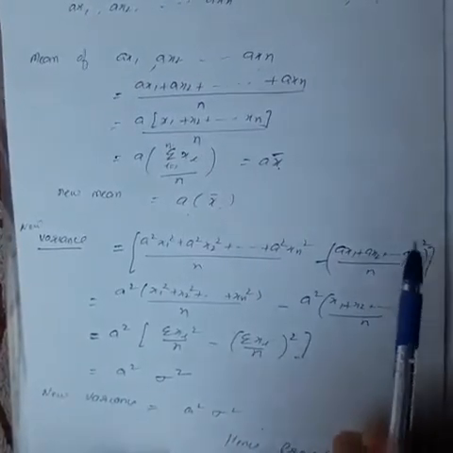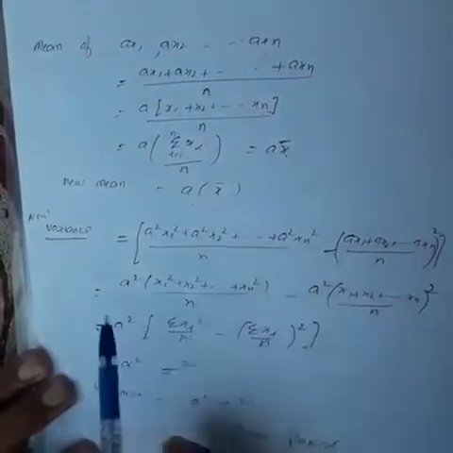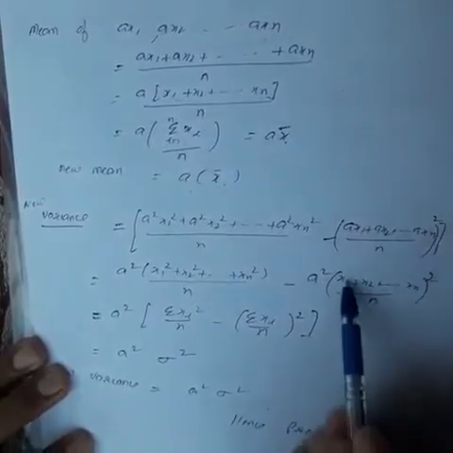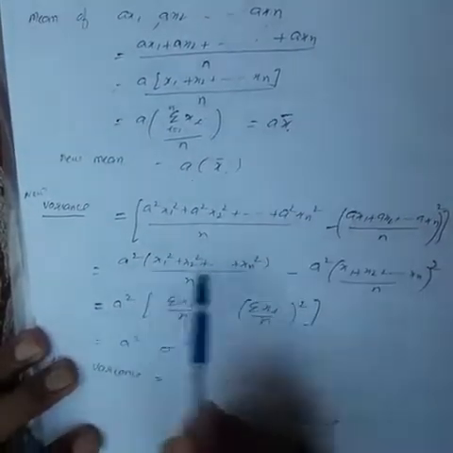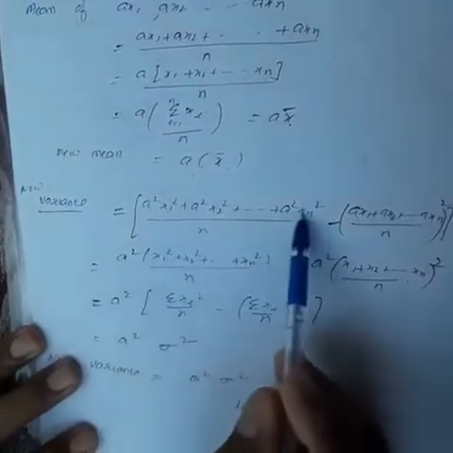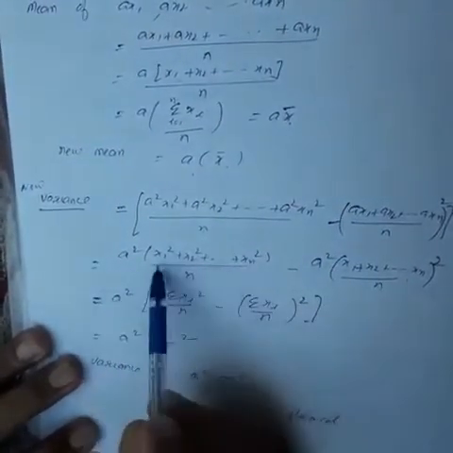We can also use the new mean in this place. So you put it and calculate. Now whole square, so we can take a square common and we are left inside with x1 plus x2 up to xn upon n. Similarly, from these values we can also take a square common. So a square is common from both.